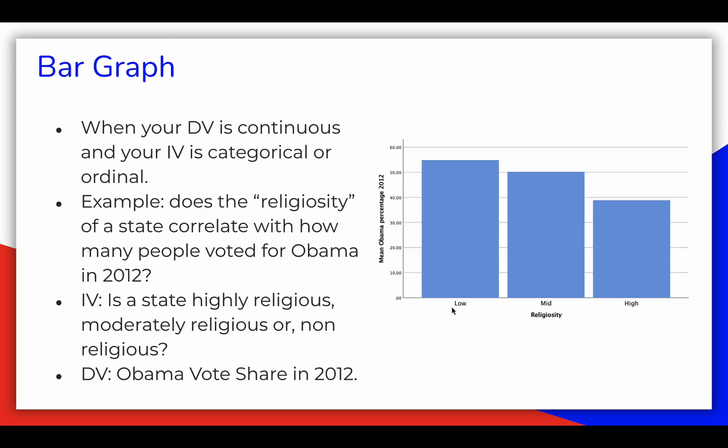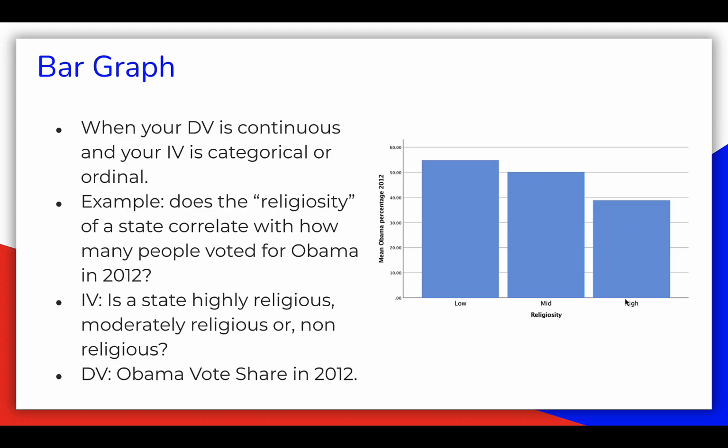Our independent variable is whether the state is highly religious, which is up here, moderately religious, sort of middle, or non-religious, low, right here. And as we can see, states that had lower levels of religiosity were more likely to go for Obama, right? He had a higher vote share. And then it drops down a little bit for moderately religious.